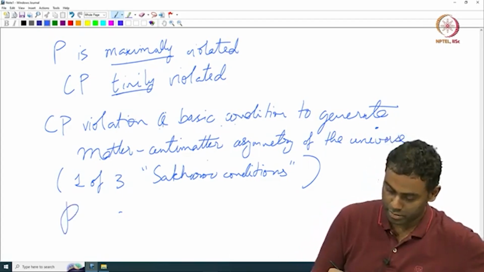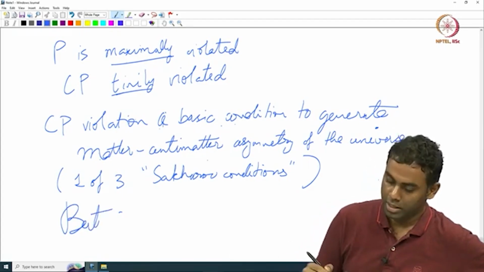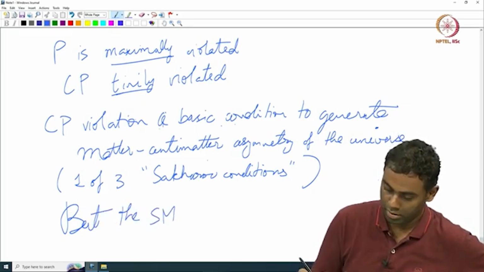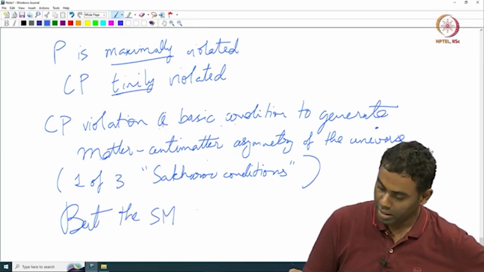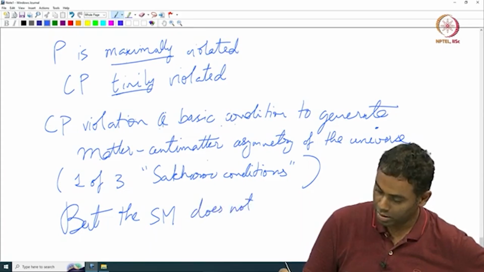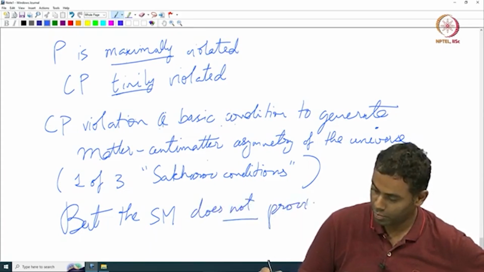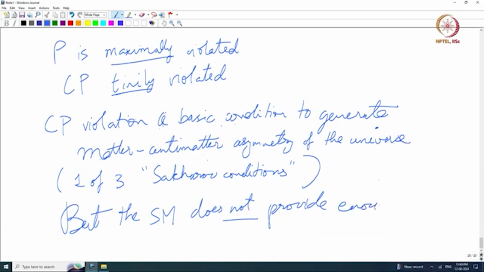However, this standard model, right, does not provide enough CP violation for generating the amount of matter-antimatter asymmetry that we see. Okay, in the standard model we parameterize it by saying it's at the level of 10 to the power minus 3, right?